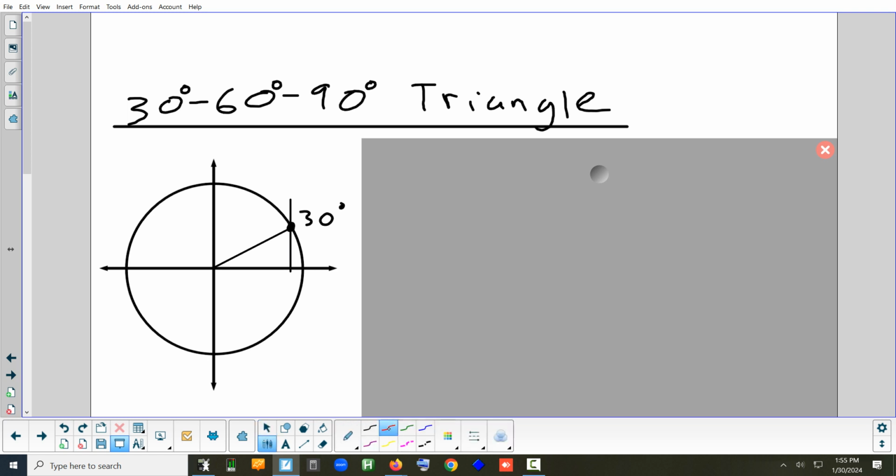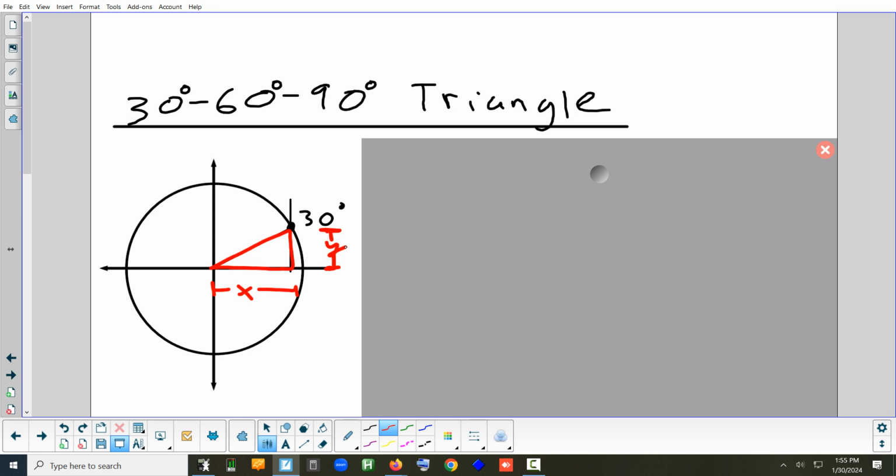Okay, so here is the triangle we're going to look at. Same goal as last time. You need to figure out how long it is from here to here. That's going to be the x. And then from here up to there. And what's that going to be? Y. That's going to be the y.